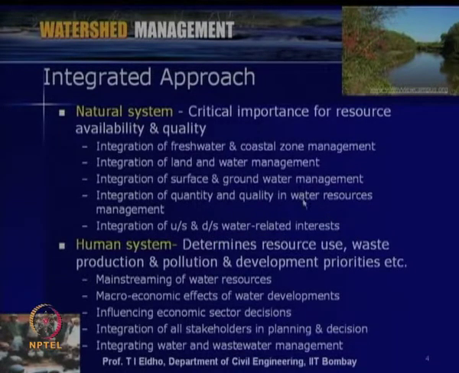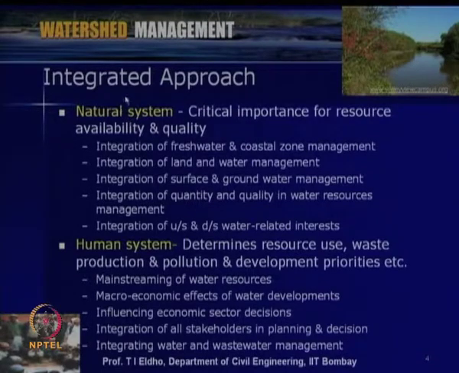We have already seen this when we discussed especially the watershed based approach. What is happening at the upstream areas will affect the downstream people also. So, we have to see that there is integration of water related issues with respect to the upstream lands and downstream areas. So, we have to see this within the perspective of the natural system.